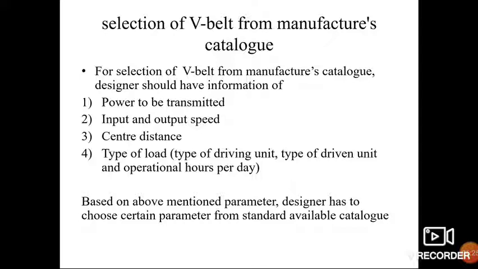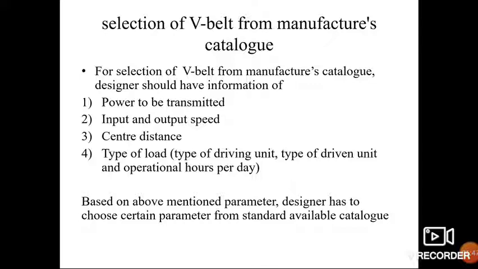Then the next thing is the type of load. Generally, the type of load depends upon your driving unit and driven unit, and also here, in the case of the wheel belt, how many operational hours per day there will be for the belt, meaning how many hours that belt will be running per day.